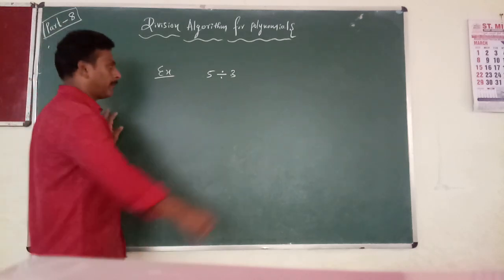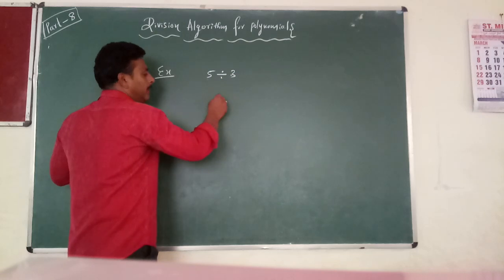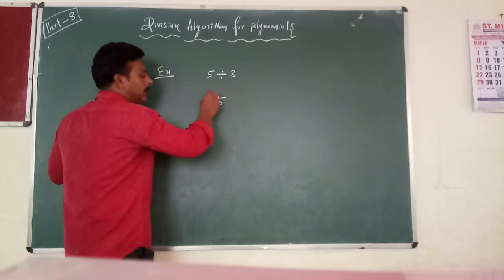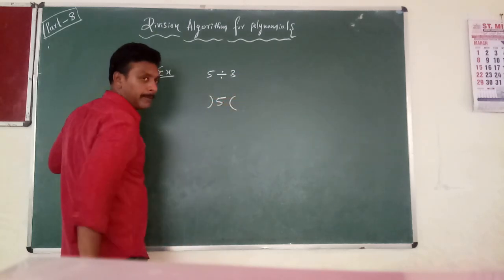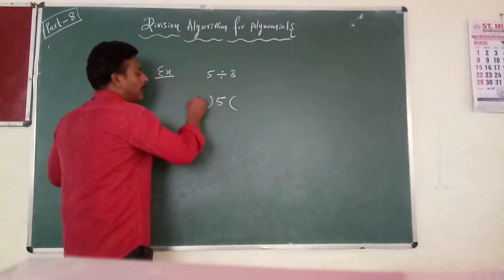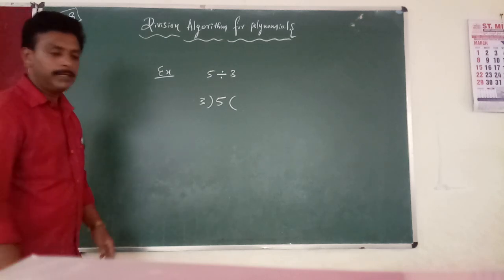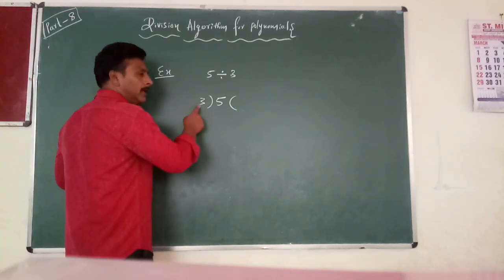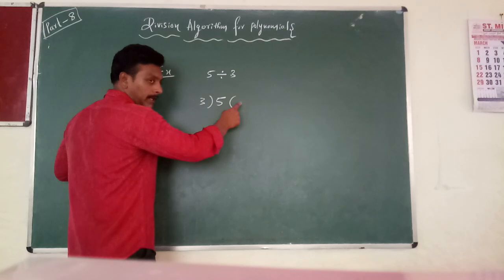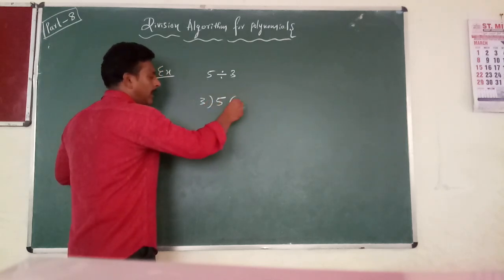How? Let me explain. If you are going to divide 5, you are taking like this and you are doing like this, if you remember in primary. So you are going to divide 5 by 3. How are you going to divide? 3 ones are 3, correct? 3 ones are 3.